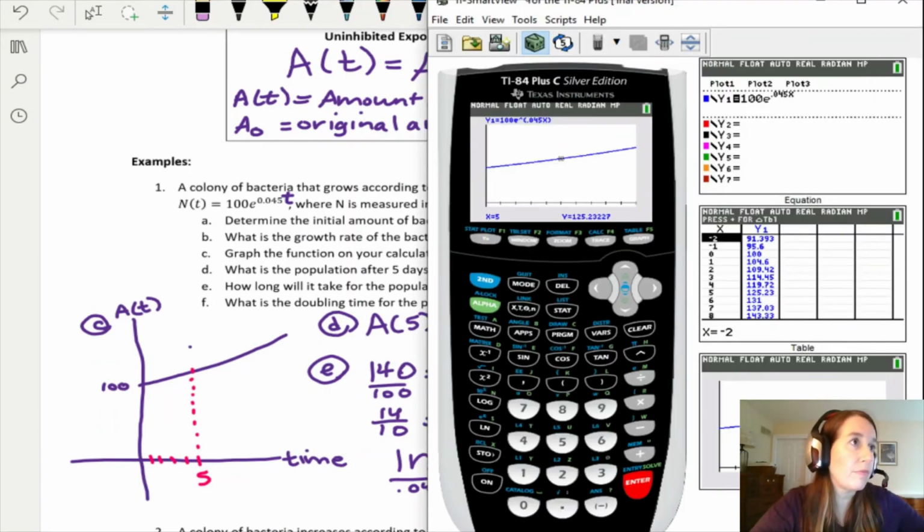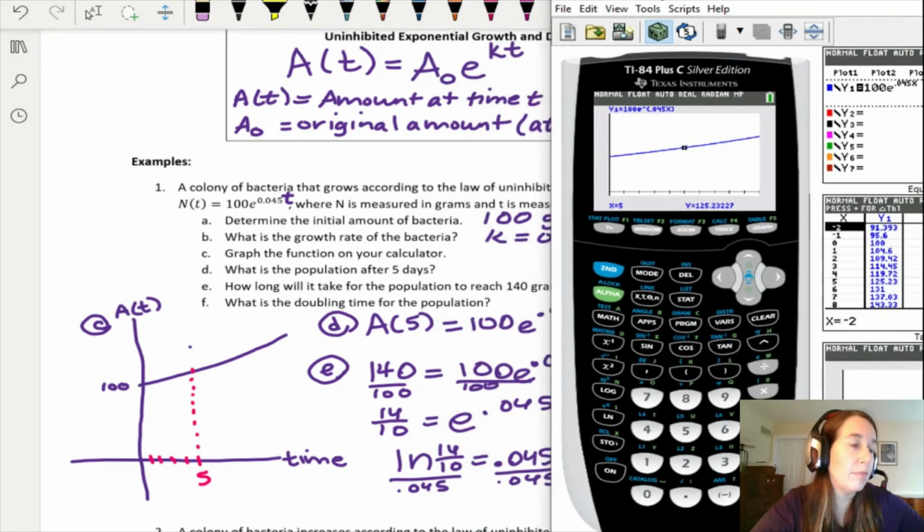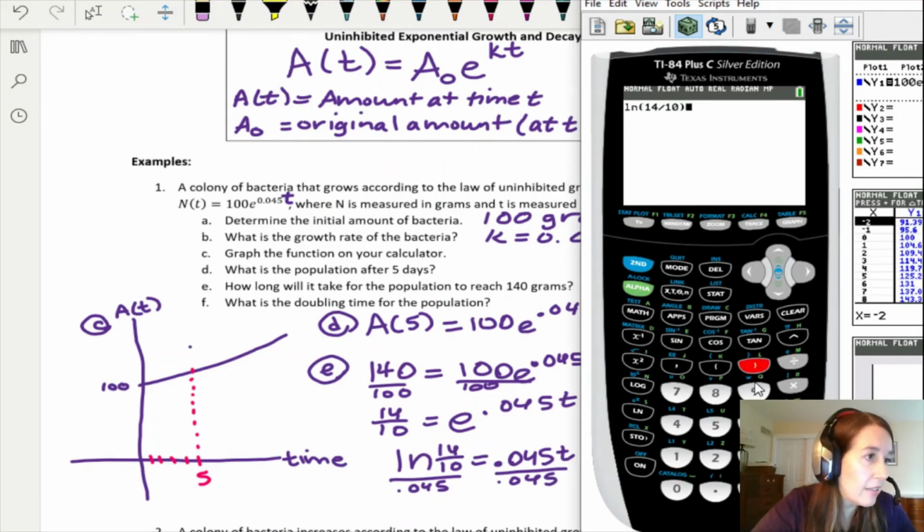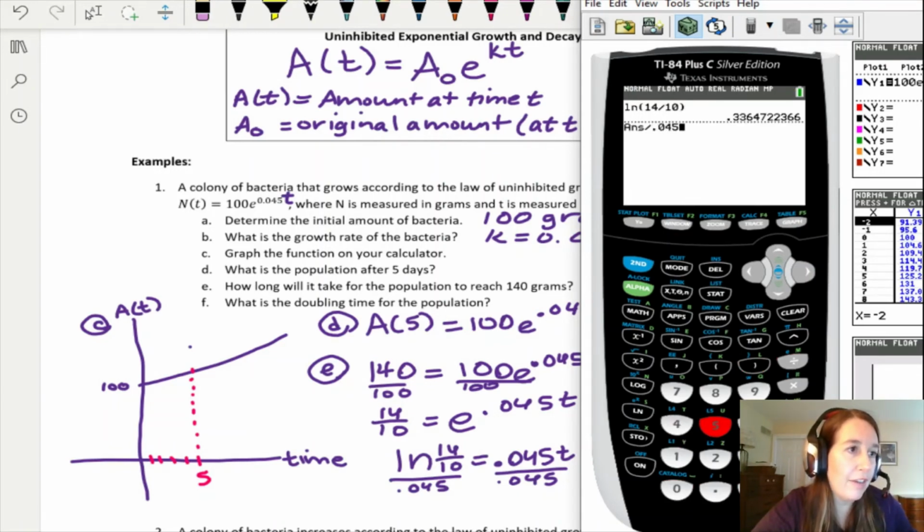So let's see. Okay, we need the natural log of 14 over 10. Then we hit enter and then divide by 0.045. 7.477.